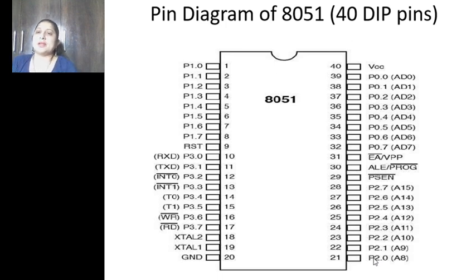Then we have pin number 10 to pin number 17 as Port 3, as well as serial communication, receive and transmit operation, interrupt operations, timer operations and memory read-write operation also performed by the same pins. Then we have pin number 18 and pin number 19, that is XTAL1 and XTAL2. These are the crystal oscillator input and output pins which generate the clock for the 8051.